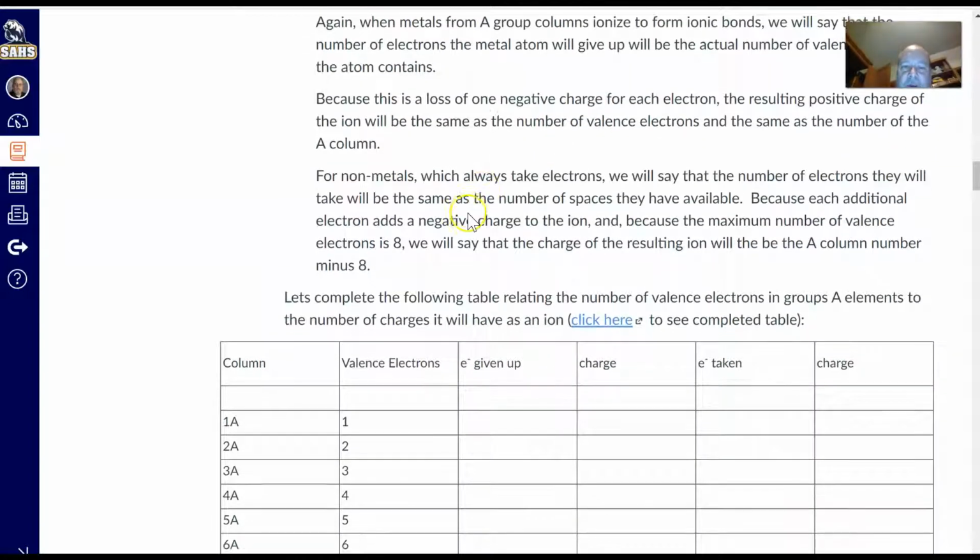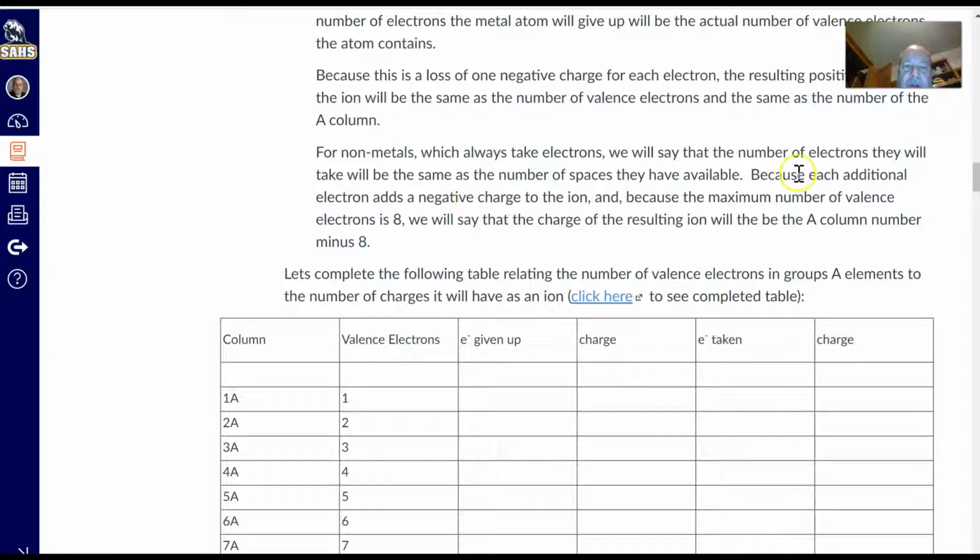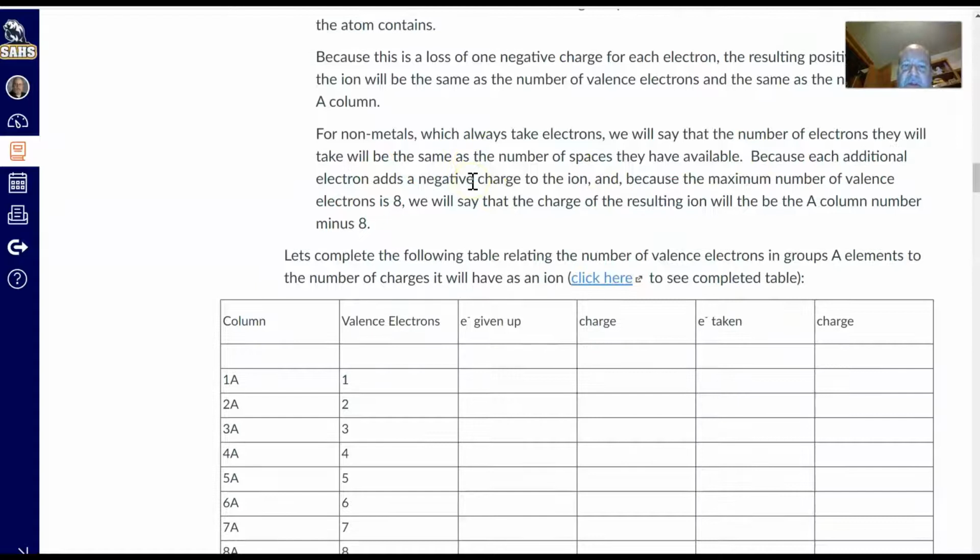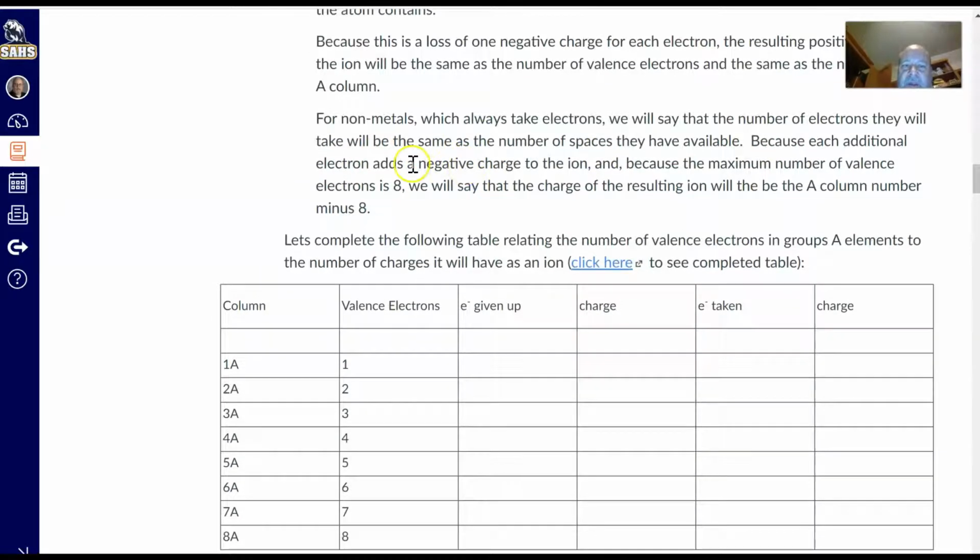For nonmetals, which always take electrons, we'll say that the number of electrons they'll take will be the same as the number of spaces they have available. Because each additional electron adds a negative charge, because the maximum number of valence electrons is 8, we'll say that the charge of the resulting ion will be the A column number -8.